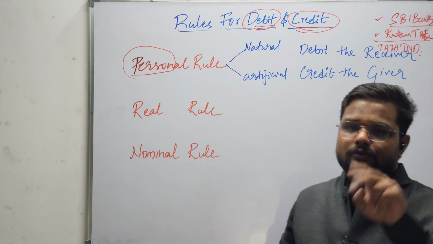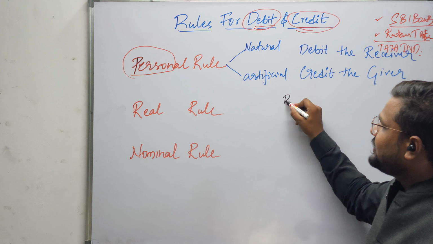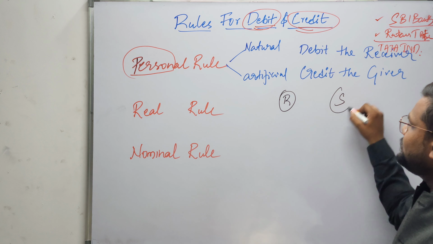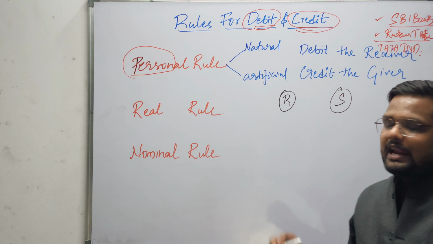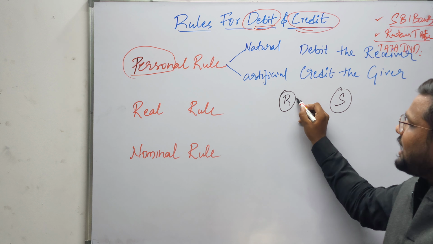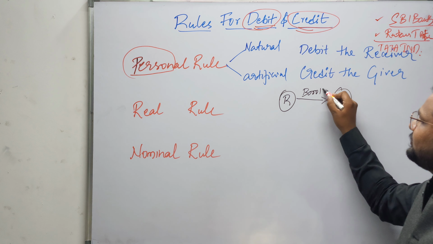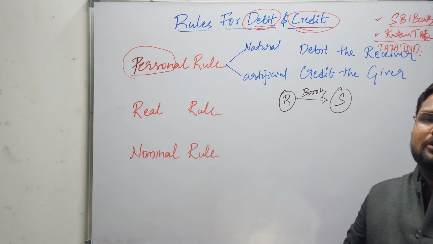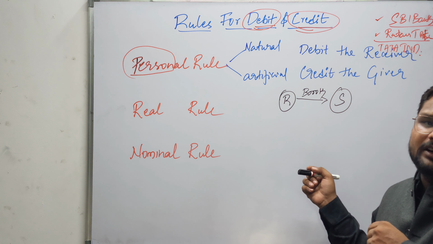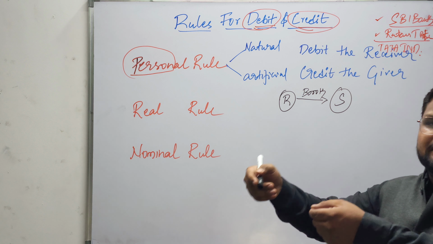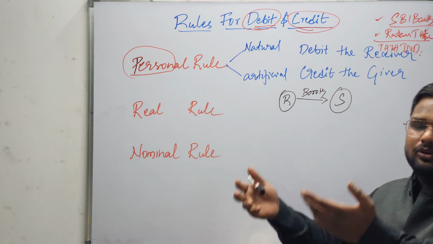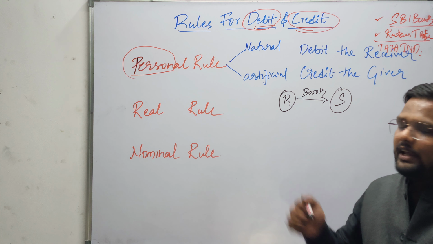Let us suppose two friends, one is Ramesh, the other is Suresh. Now Ramesh is asking for a book from his friend. Mr. Suresh, give me your maths notes, I will return it by tomorrow.